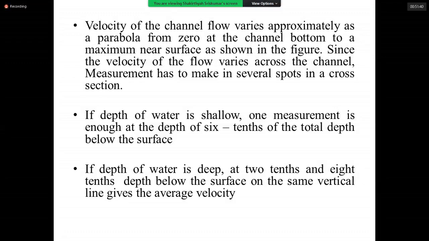Since the velocity of the flow varies across the channel, the measurement has to be made in several spots in a cross section. If the depth of water is shallow, one measurement is enough.